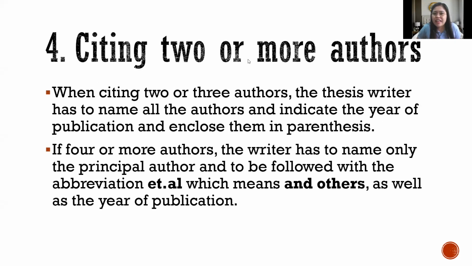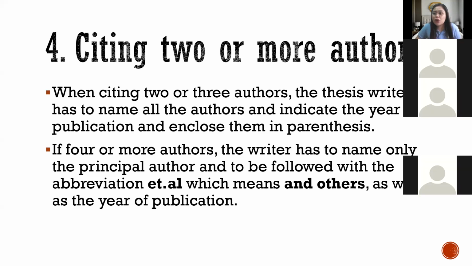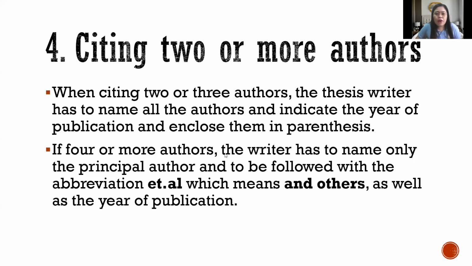Now number 4, citing two or more authors. When citing two or three authors, the thesis writer has to name all the authors and indicate the year of the publication and enclose them in the parentheses. So for two or three authors, please include everyone in the citation. But if four or more authors, the writer has to name only the principal one, followed by the abbreviation et al, which means and others, as well as the year of publication.